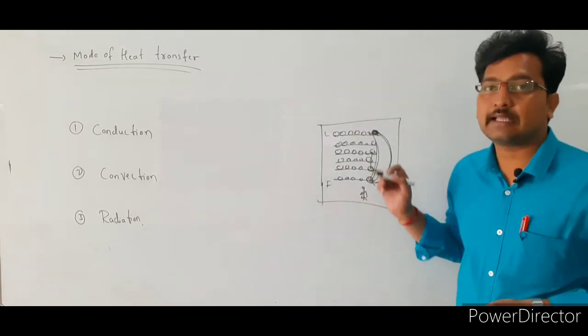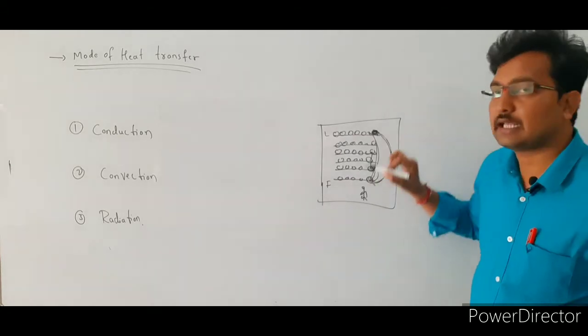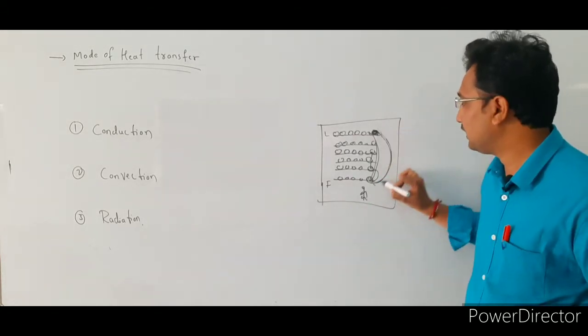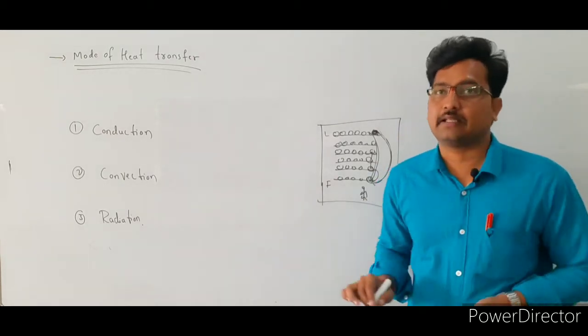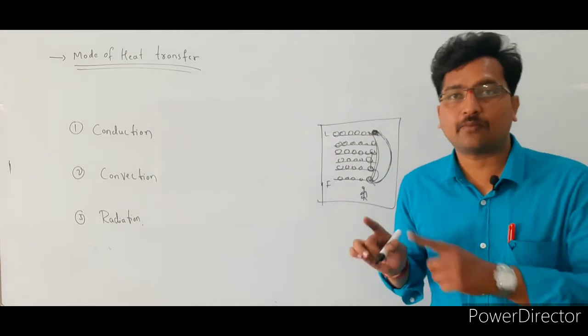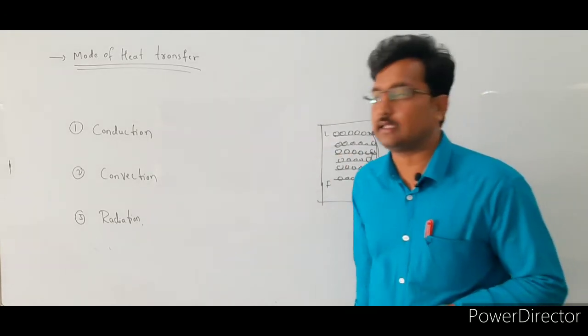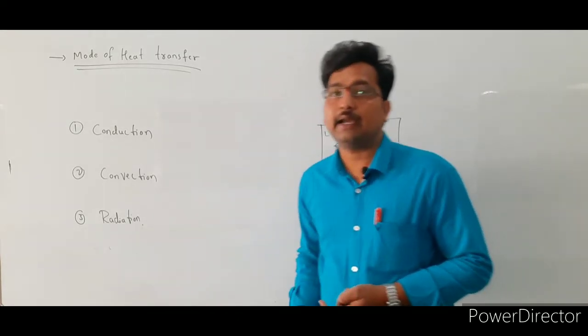So here there is a second possibility. This person goes and hands over the pen to the last person, or the last person comes and hands over the pen to the first person. So in convection, the heat is transferred from hot end to cold end with actual movement of the particle. And the last one, radiation.